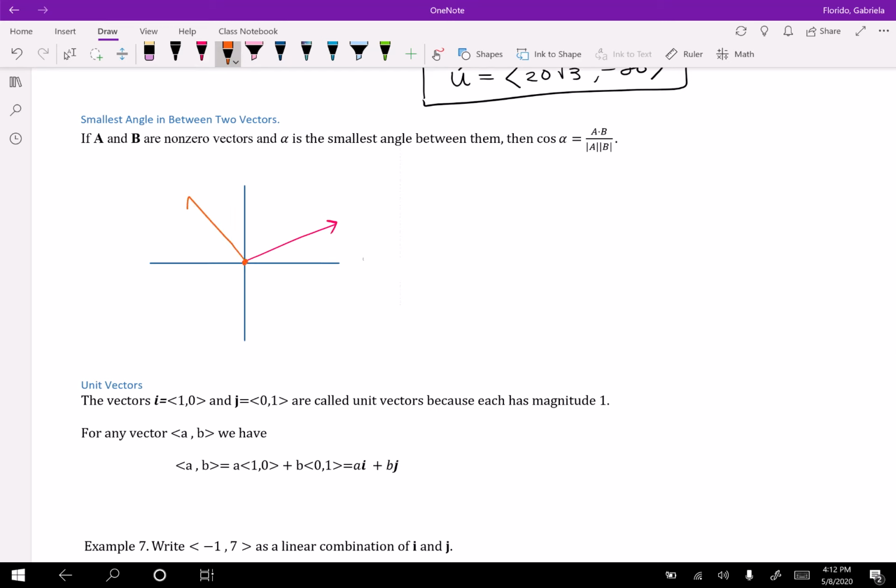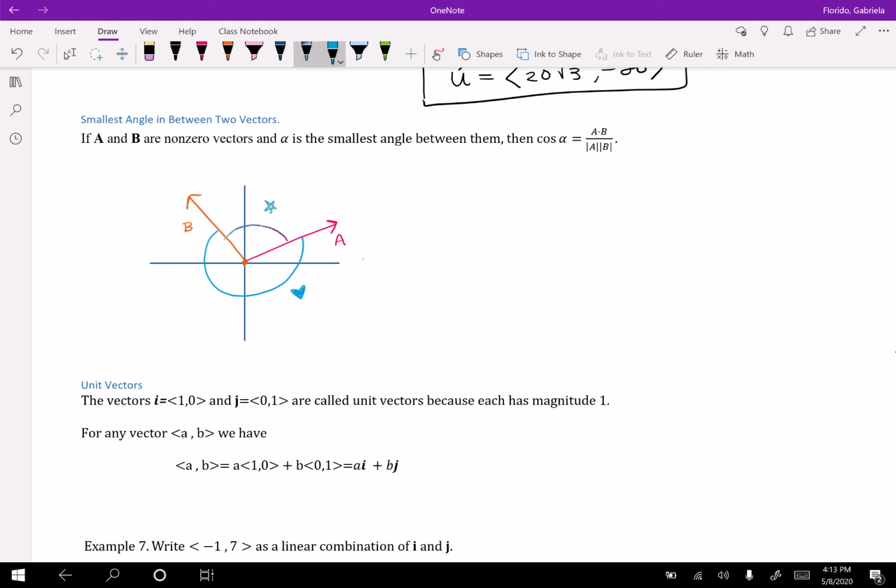So this is vector B, this is vector A. Again, we're looking at the smallest angle in between them. Here's one of the angles, so I'm going to call this star. And then the other angle between them is this one, I'm going to call this heart. So which one is smaller? It looks like star is smaller, and so that's going to be my alpha. Alpha is the smallest angle in between them.